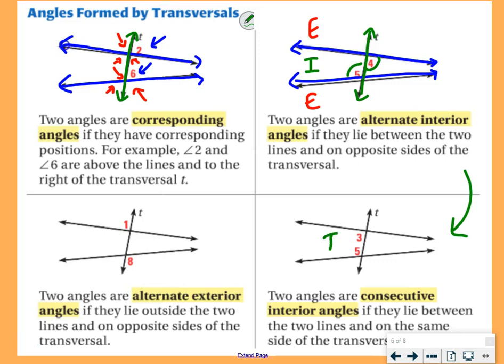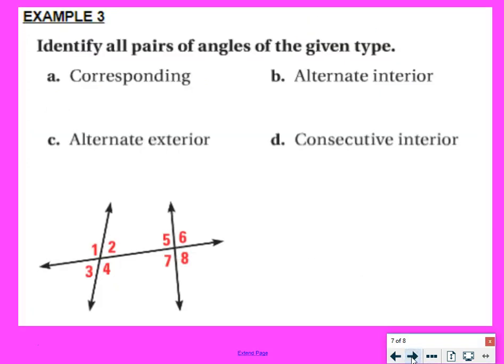They would be on the interior, but on the same side of the transversal. And then the last piece would be alternate exterior. Instead of being on the interior of the two lines, they lie on the exterior and on opposite sides. We're going to be using these a lot, so make sure you grasp where these angle pairs are and know the difference. So let's put that into practice.